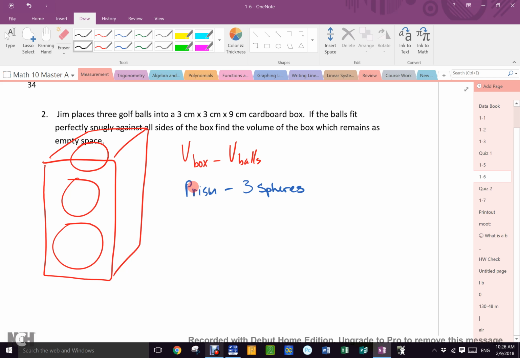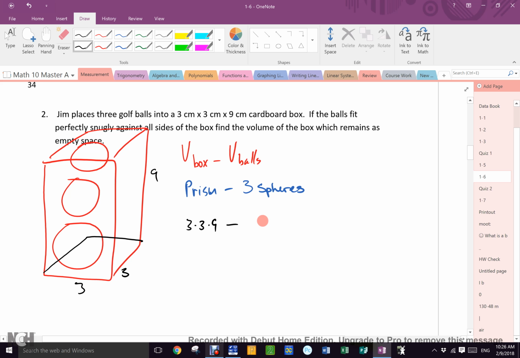Area of the base. Area of the base times the height. So this bottom, which is 3 by 3, times the 9, right? So the prism is 3 times 3 times 9. Minus, what are the spheres? What's one sphere?